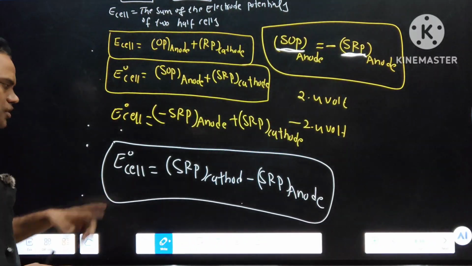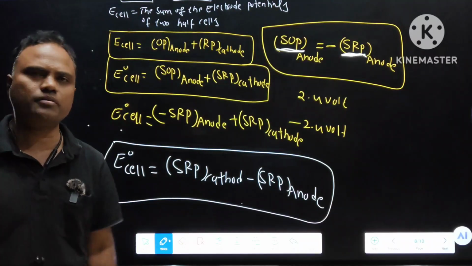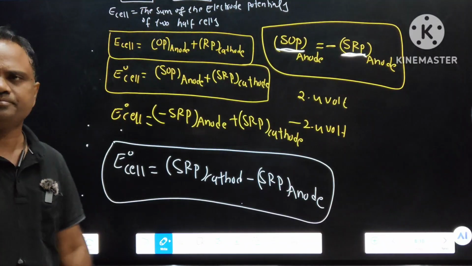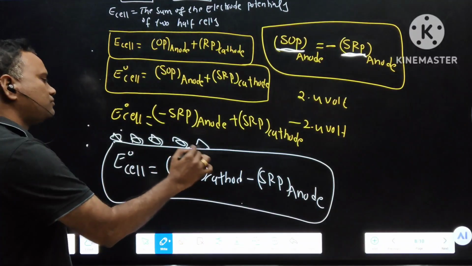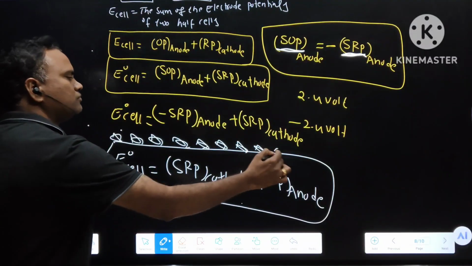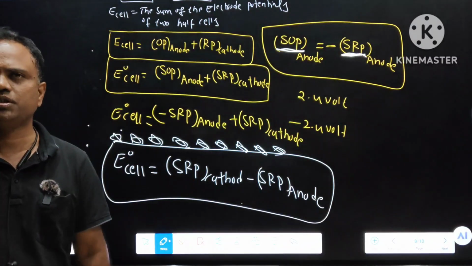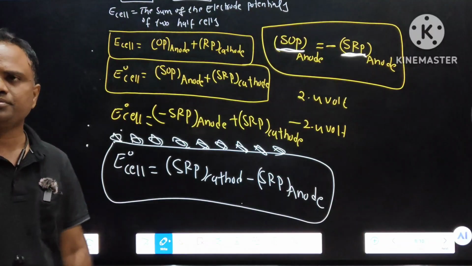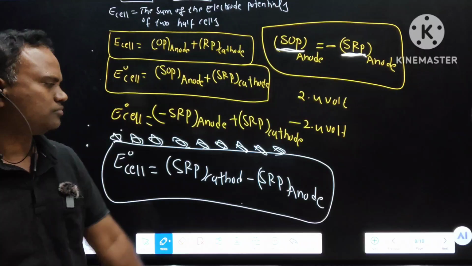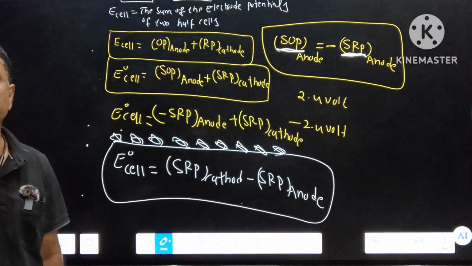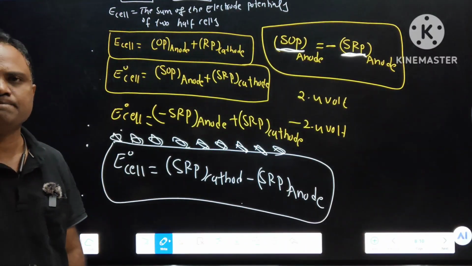This is a frequently used formula. Learn it by heart now. E naught cell is equal to SRP of cathode minus SRP of anode. Clear? This is the main formula. Right? All of you? Shall we go to the next topic? All of you?